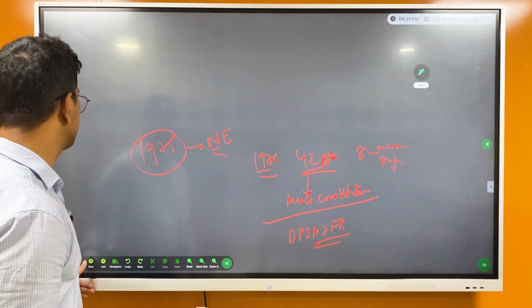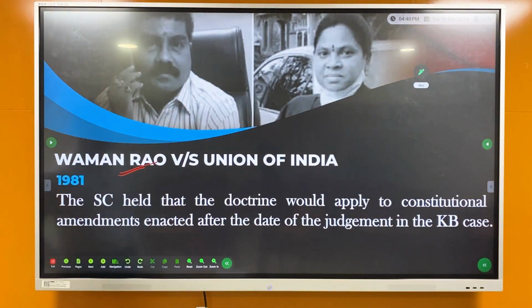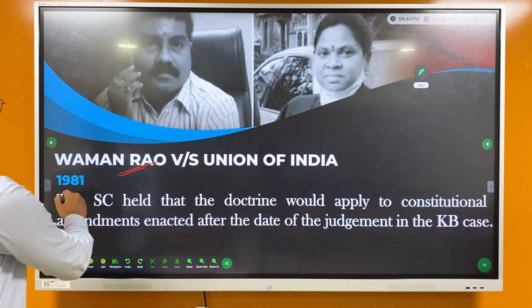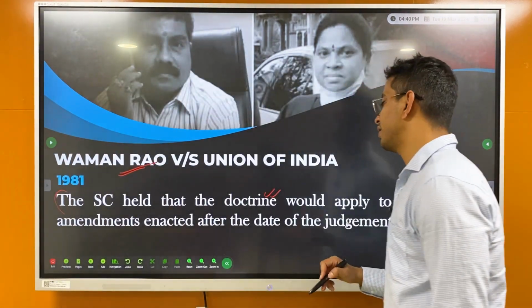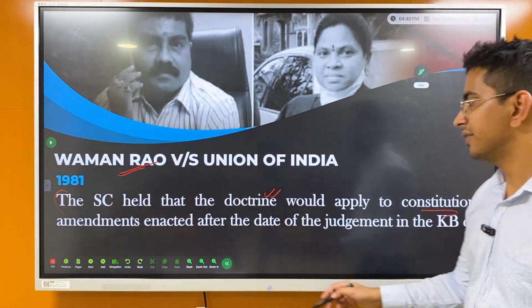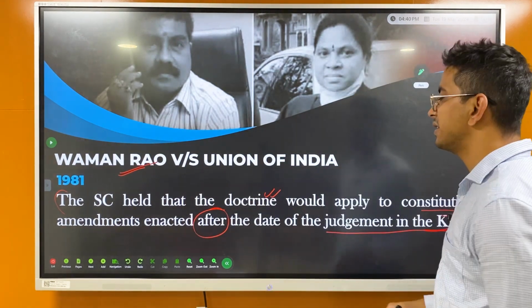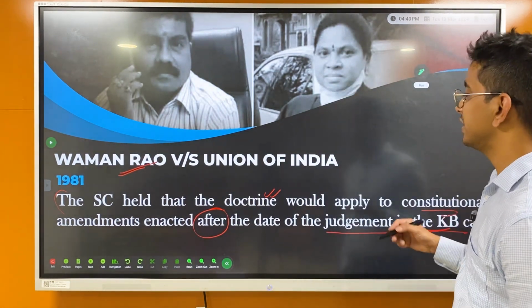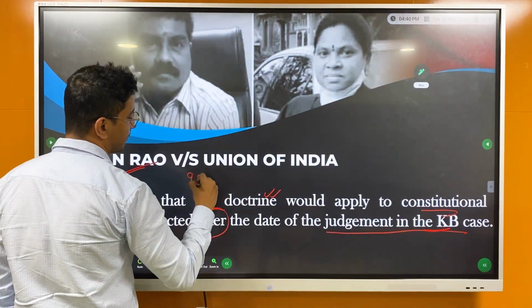The next was Waman Rao versus Union of India case. Here, the Supreme Court held that this doctrine, the basic structure doctrine, would be applied to constitutional amendment enacted after the date of judgment in Keshwananda Bharti case. So we have seen this is more related to the case study 9 schedule.